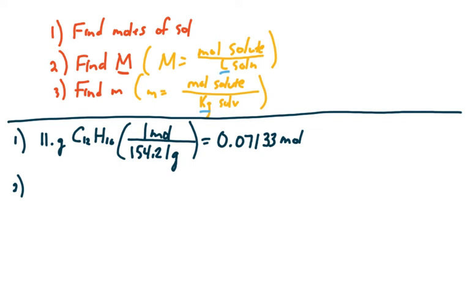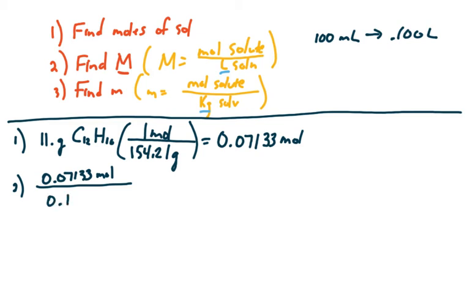So the moles of solute is going to be 0.07133 moles, and the total liters of solution, well, I can't put 100 because that's in milliliters. So I have to take 100 milliliters and convert it to liters, which is 0.1 liters.